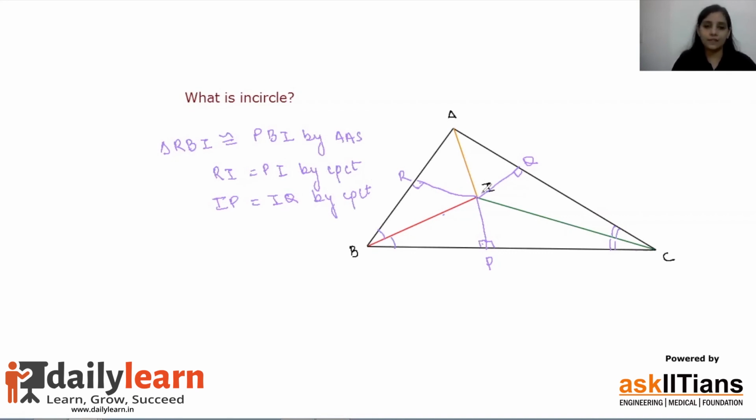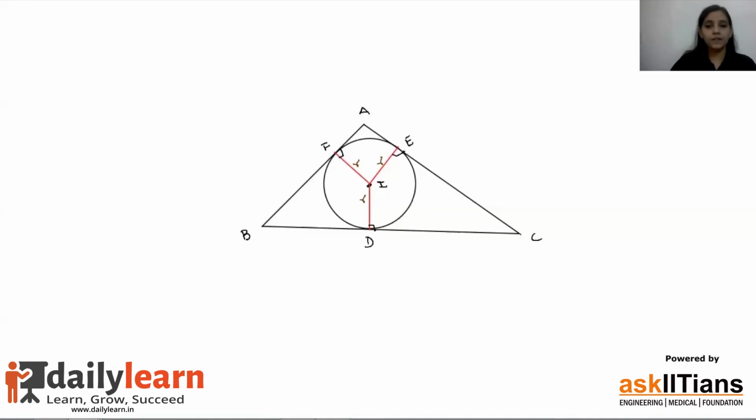Taking I as a center and this perpendicular distance as a radius, we can construct a circle. We have seen that if we draw perpendiculars from the incenter to the sides and take this perpendicular distance as a radius, we can draw a circle.